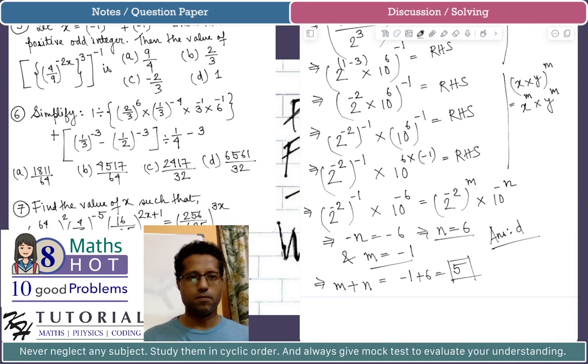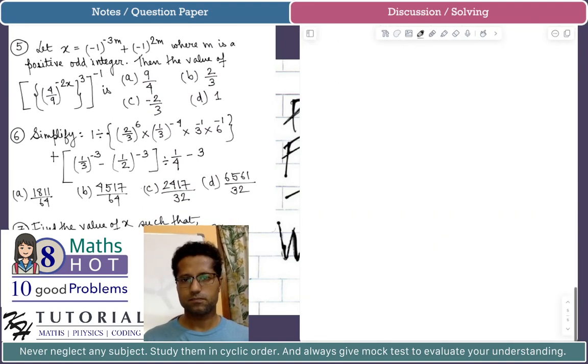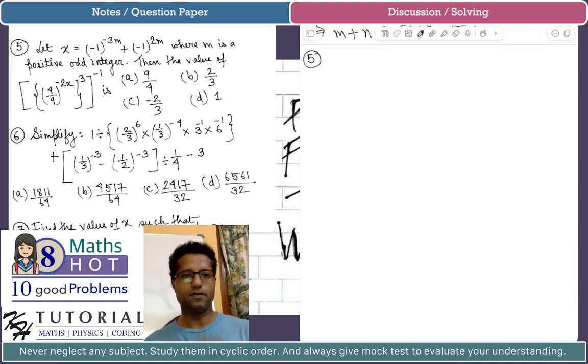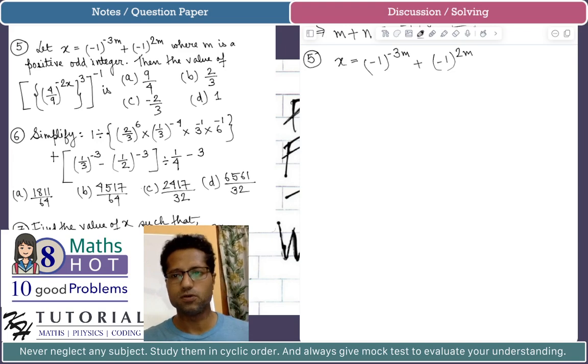Let's do problem number 5. We are given that x is equal to minus 1 to the power minus 3m plus minus 1 to the power 2m, where m is a positive odd integer.